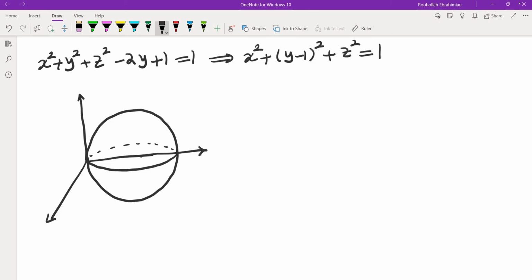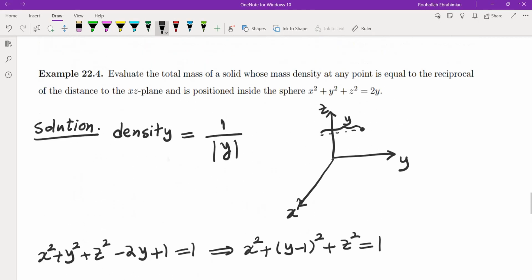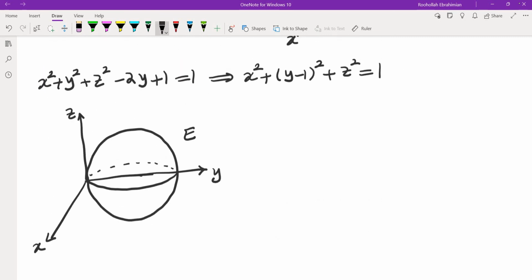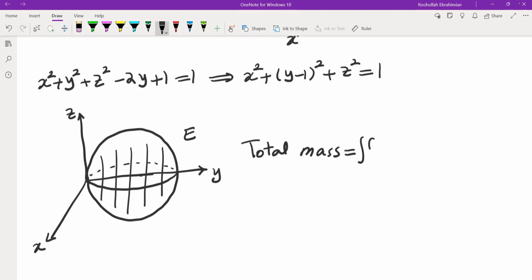So this is the solid that they gave us, because they said it is inside this sphere. And if I call this one E, the total mass is the triple integral over this region of the density function dV. So that's the total mass.